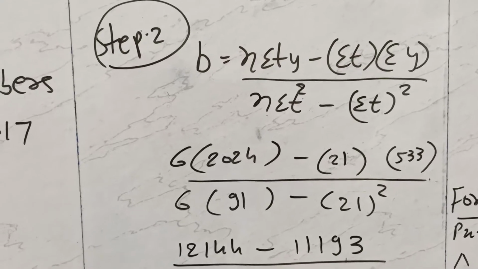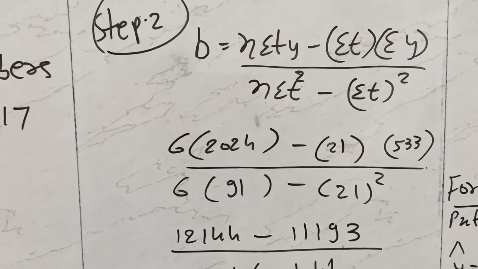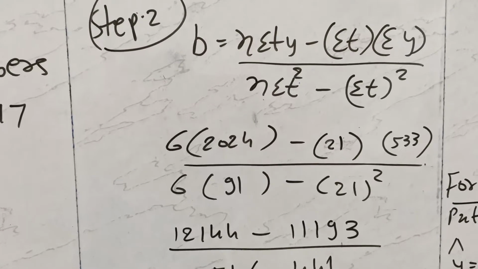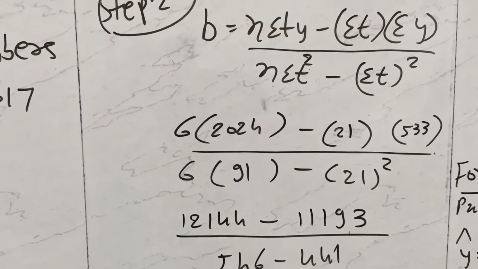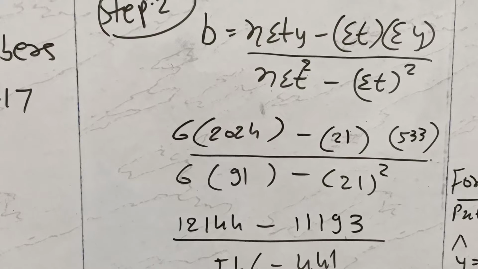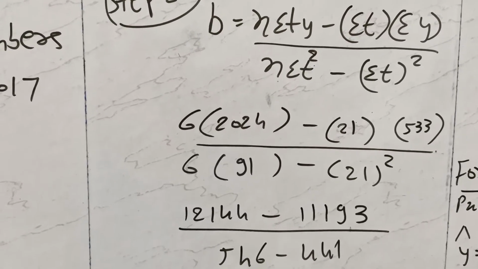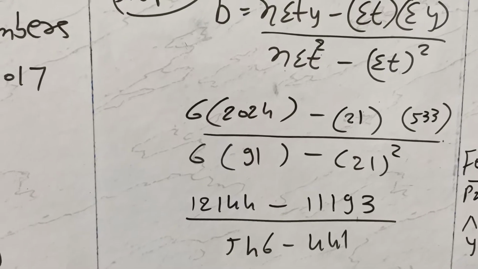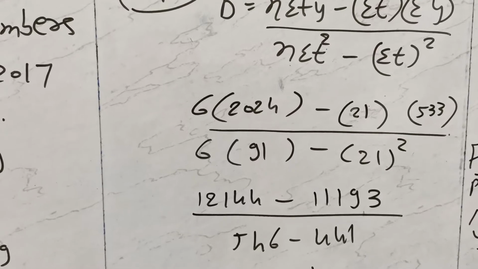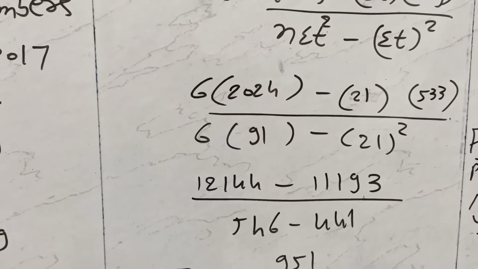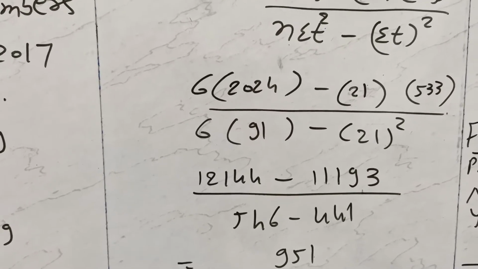Sigma ty 2024 minus sigma t 21, sigma y 533, n 6, sigma t square 91, minus sigma t, the first value above, 21, its square. 2024 into 6 by calculator is 12,144 minus 21 into 533 is 11,193, divided by 91 into 6 is 546 minus 21 square 441.